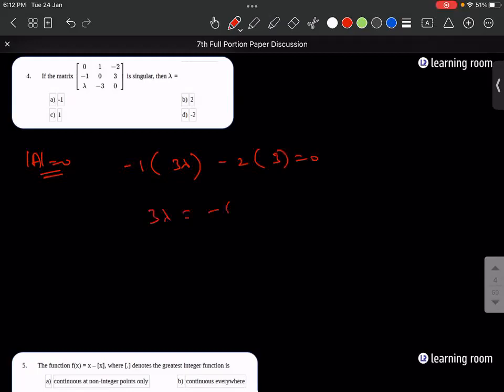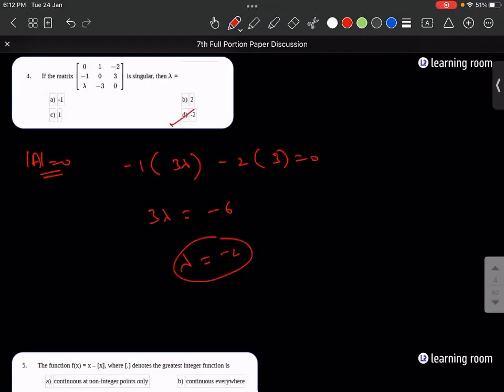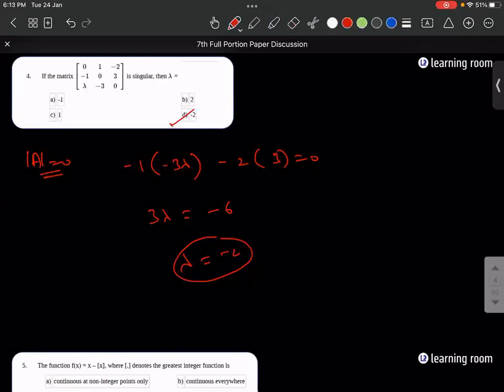So 3 lambda is equal to minus 6, so lambda will be minus 2. Option D is the right answer. Wait, sorry. Minus 1 into minus 3 lambda, so 3 lambda will be 6, which implies lambda is equal to 2. Option B is the right answer.